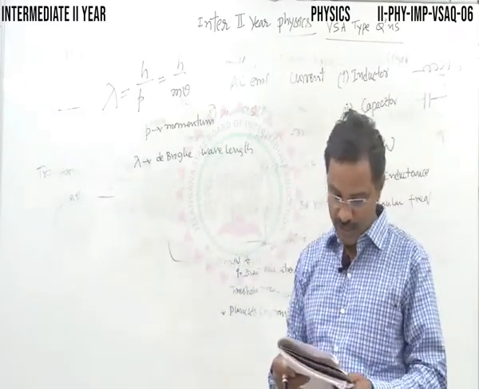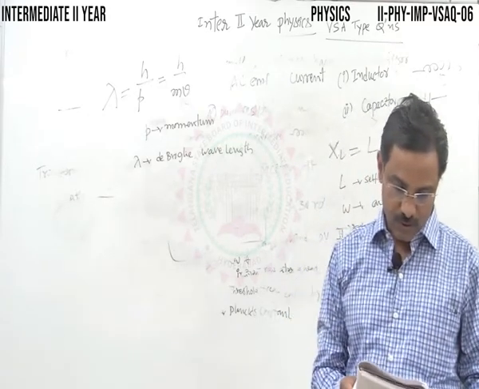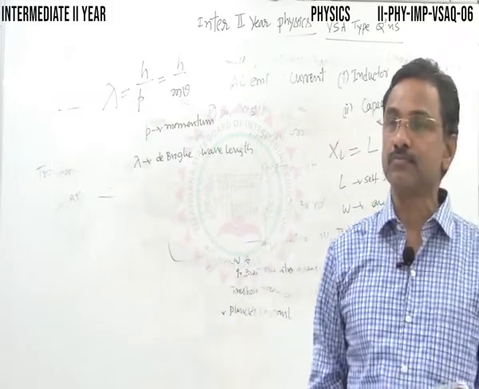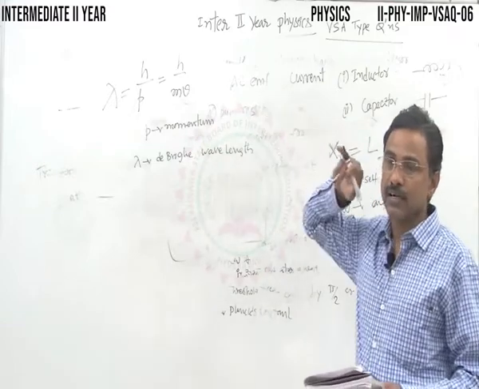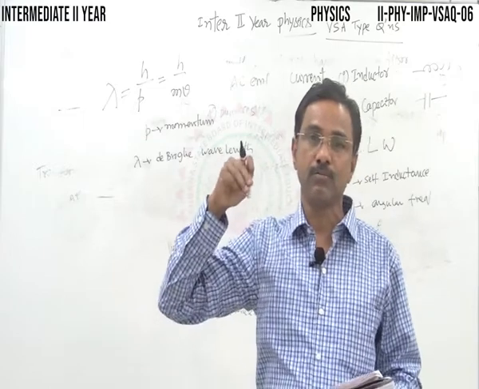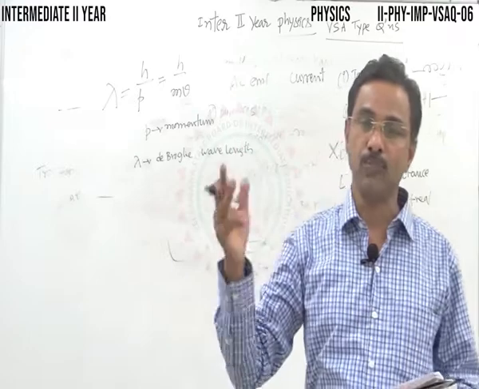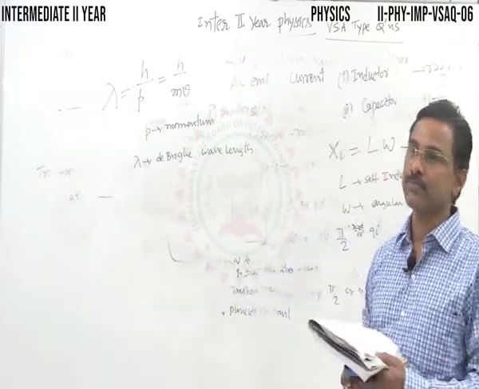This is Heisenberg's uncertainty principle: it is impossible to determine both position and momentum of an electron accurately, simultaneously, that means at a time.